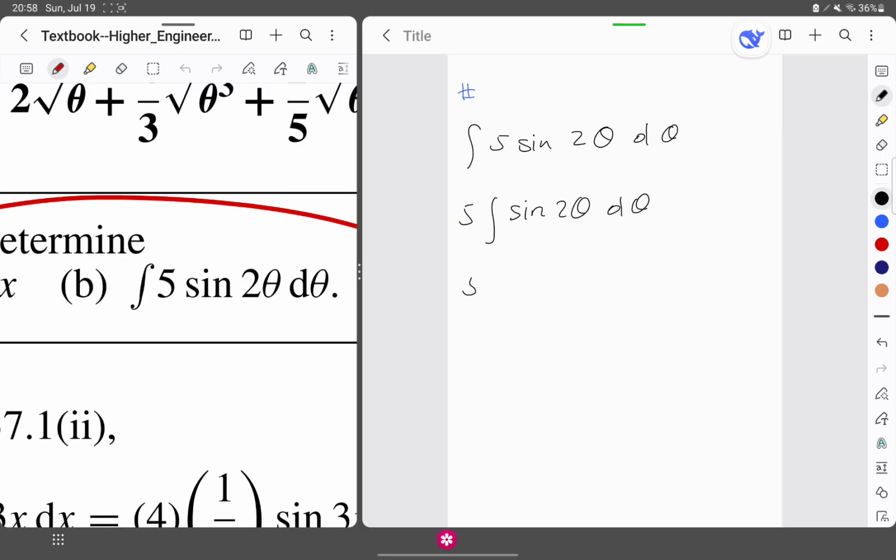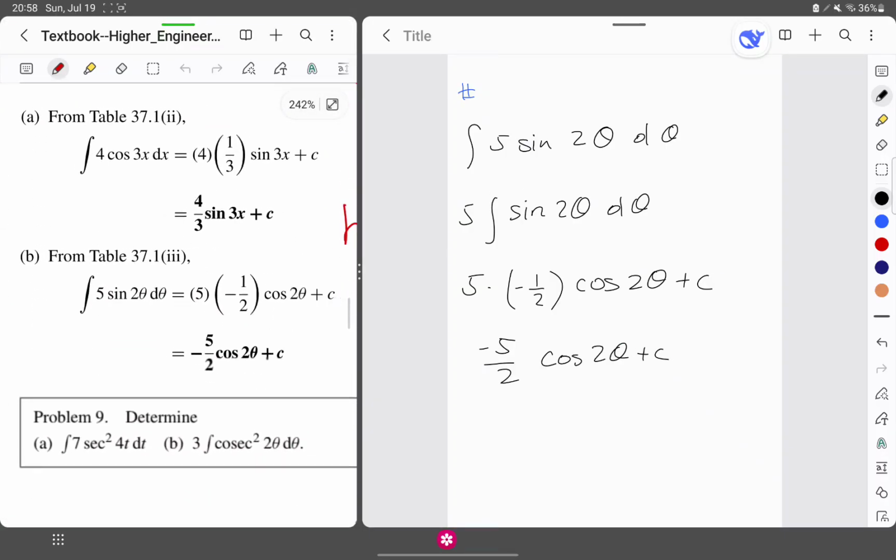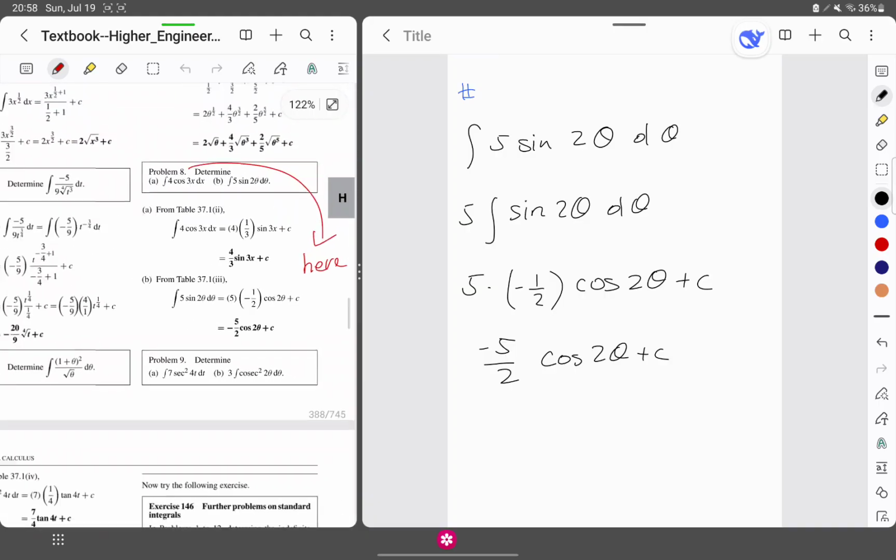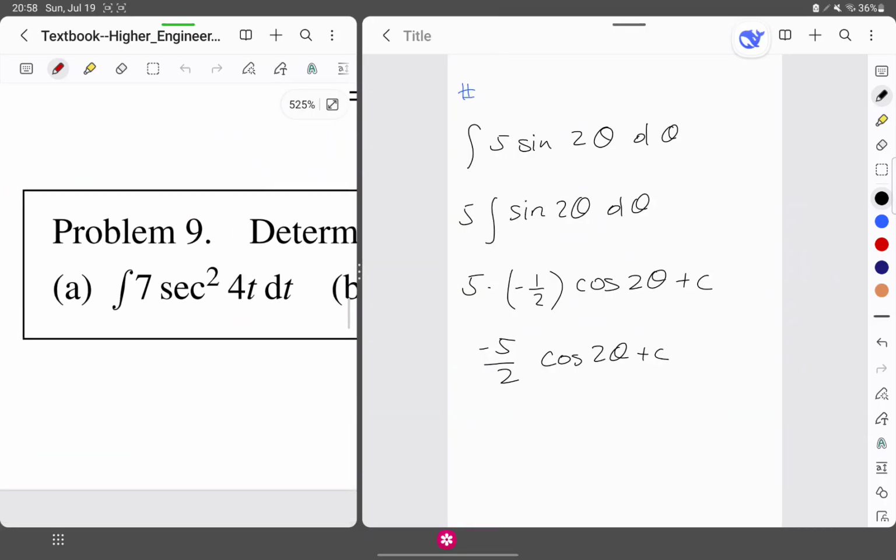We have 2, so it will be 1 over 2. The integral of sine is always negative cosine, so negative cosine 2 theta plus c. As a result, negative 5 over 2 cosine 2 theta plus c. Is that true? Yeah, that's true. Let's do problem 9.